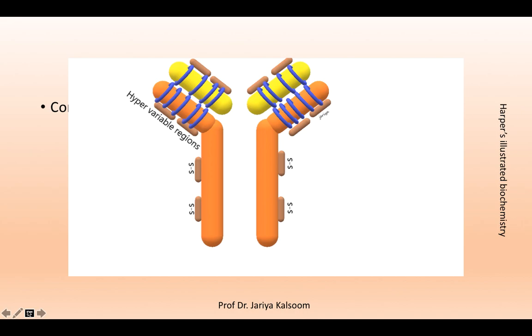These are also called complementarity determining regions or CDRs, shown in blue color here. Various combinations of H and L chain CDRs can give rise to multiple antibodies with wide range of specificities. This feature is called combinatorial diversity. Large antigens interact with all the CDRs of an antibody, whereas small ligands may interact with only one or a few CDRs that form a pocket or groove in the antibody molecule.